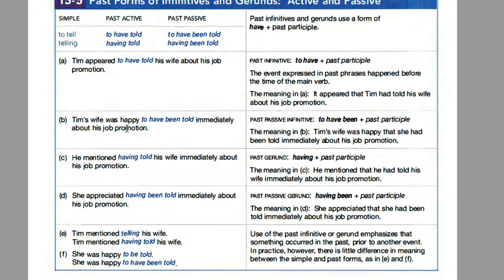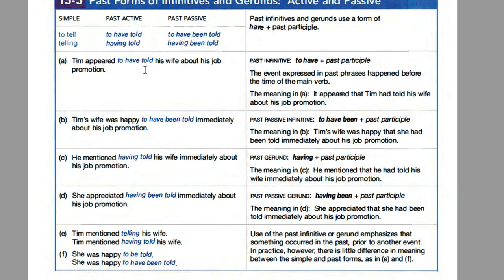Tim's wife was happy to have been told immediately about his job promotion. So, to have been told, that he immediately informed her about the job promotion. Maybe in the first sentence he informed her before the time, but in the second sentence we can understand the meaning: it happened at the moment, directly.